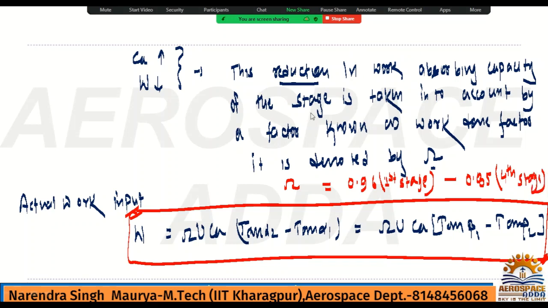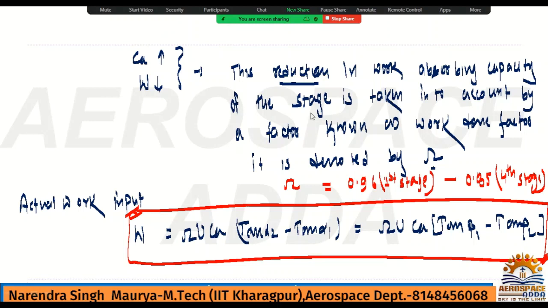Done, right? See, you can say CA we have assumed is constant, so why is CA increasing? That is true. Ideally what we assumed is an axial machine, and for an axial machine obviously this axial velocity CA will be constant, that is true. I told you for the actual compressor, if you calculate actual work input, then because of the formation of boundary layer, because for the actual case you will get a boundary layer, because for the real or actual case you have to consider viscosity, and if viscosity is there then there will be formation of boundary layer.